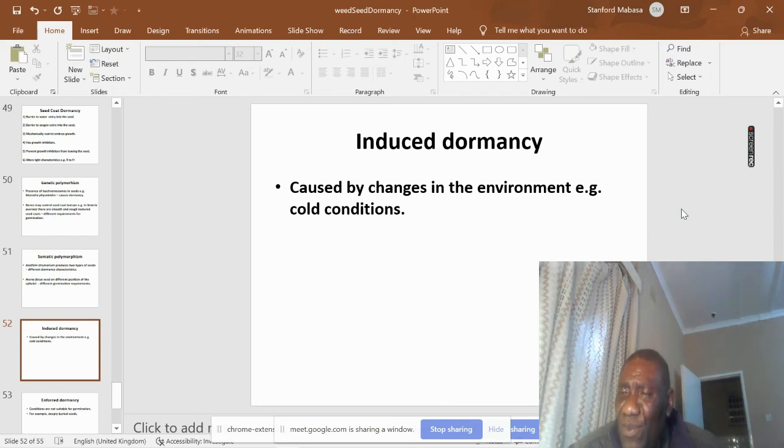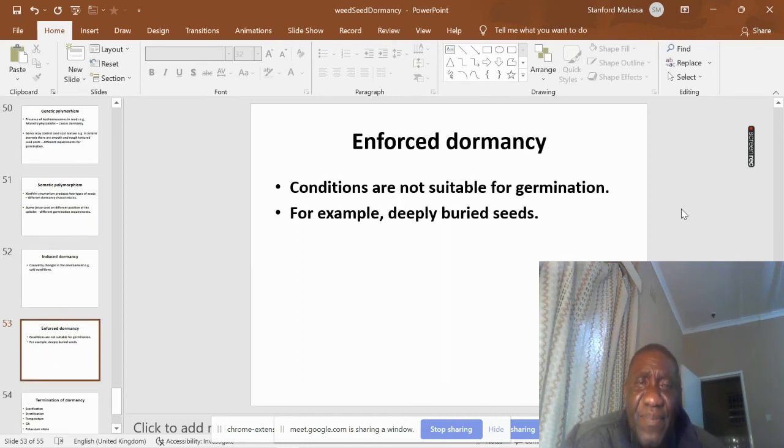Even if you create good conditions, you raise the temperature, it's not going to germinate because of the physiological changes which have taken place inside the seed. So this one will take quite a while to break.